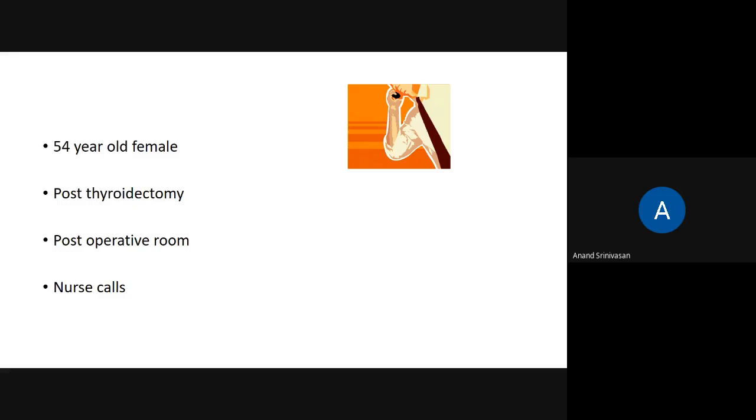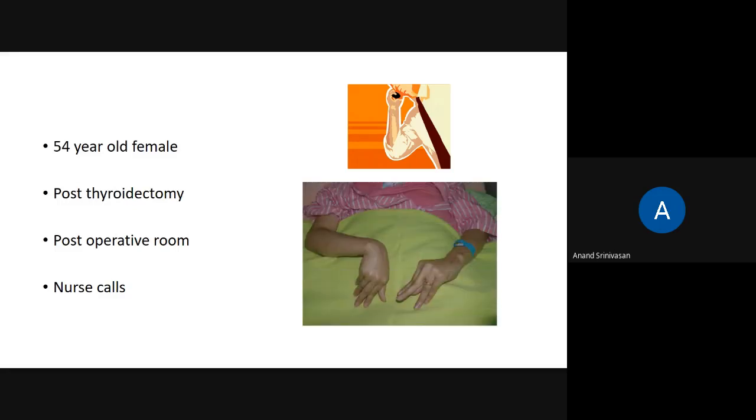She is not fully recovered, but she reports something abnormal, and it looks like this. So what is this? Anybody? Can you just unmute your mic and let me know? What is this condition called?